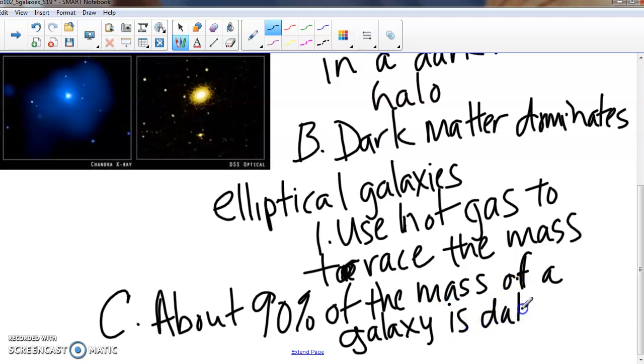In other words, these halos are huge compared to just the galaxy itself. They extend so far out into space, they hold so much matter that we think that it's mostly dark matter.